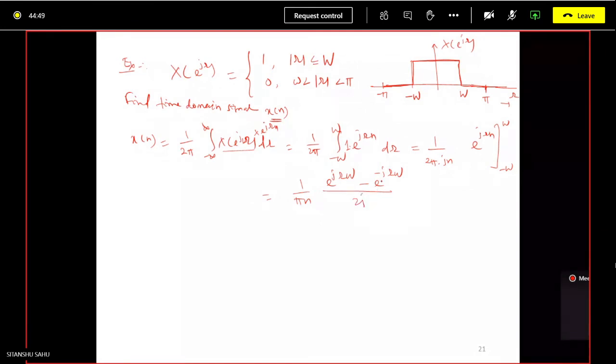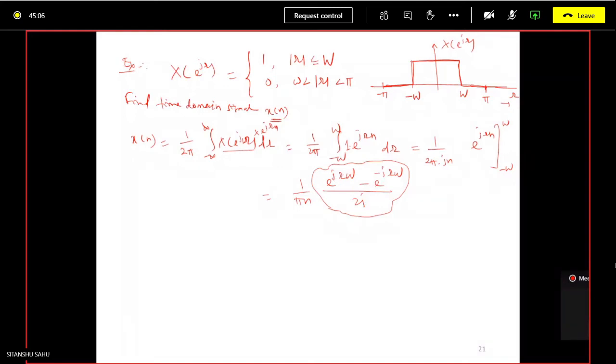Okay, so this looks like, can you say what will be the value of this? What is the value of this? e to the power j omega w minus e to the power minus j omega w by 2j.